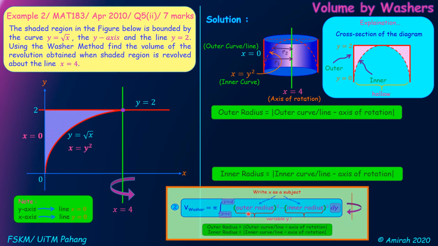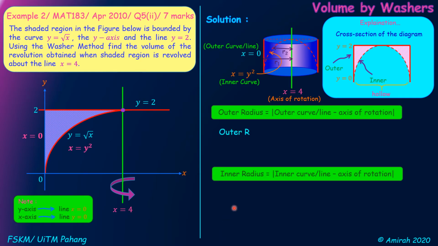The outer curve or line here is x equals to 0, so we replace it by 0.